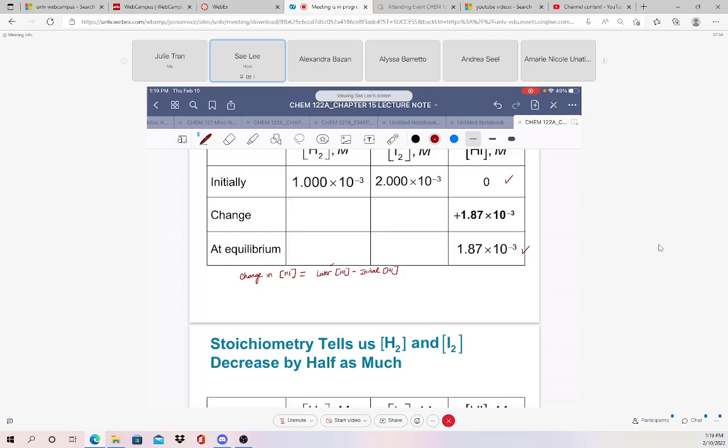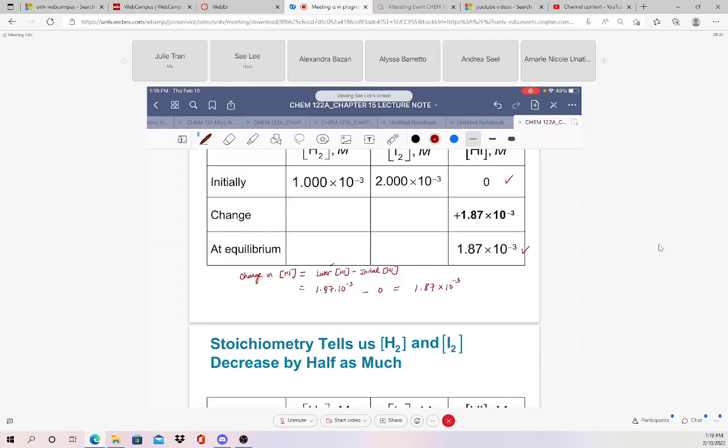So for the later concentration at equilibrium, you have 1.87 times 10 to the negative 3, minus initial concentration 0. So the change in concentration is 1.87 times 10 to the minus 3.